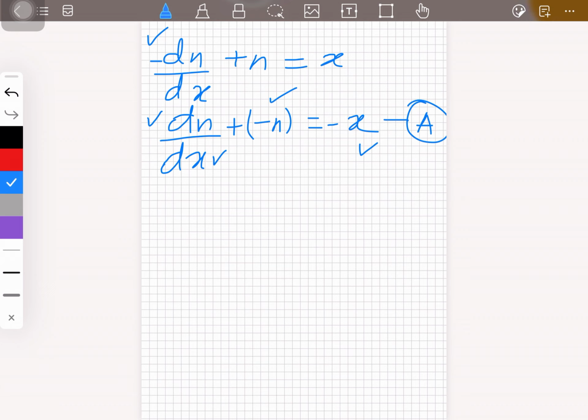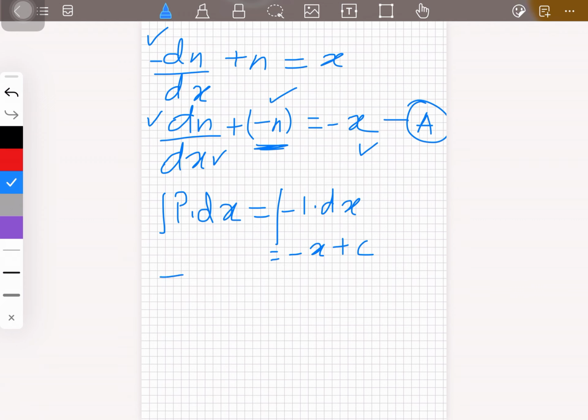So now what we can do is try to find the integrating factor, but before that let's find the integral of p dx. If you don't know what p is, then please check out some of my other videos where I have explained it. I think the title of that video is linear differential equation, so it's very clear over there. So over here p is minus 1, integrate that with respect to x, of course, what we get is minus x plus c.